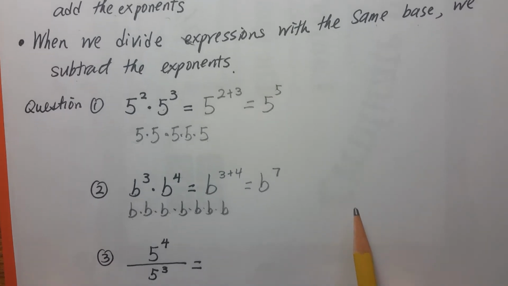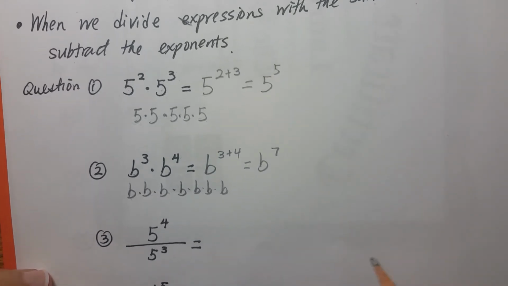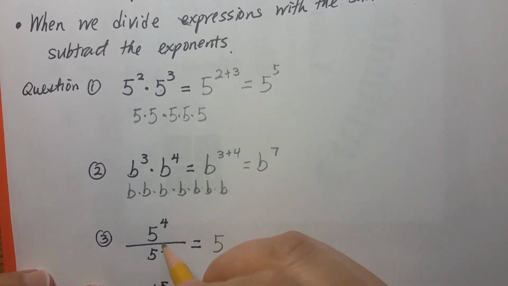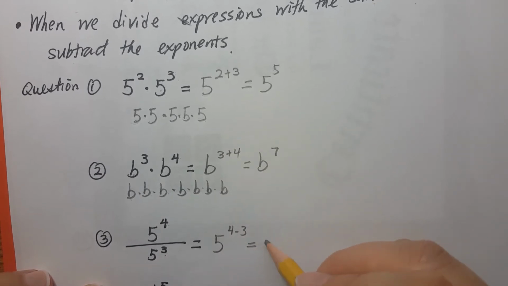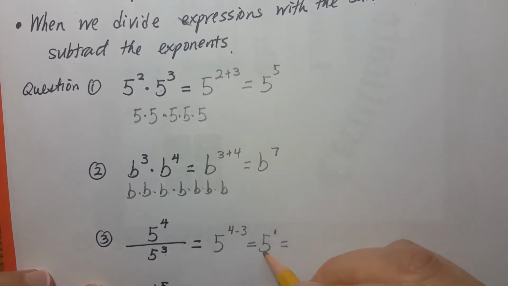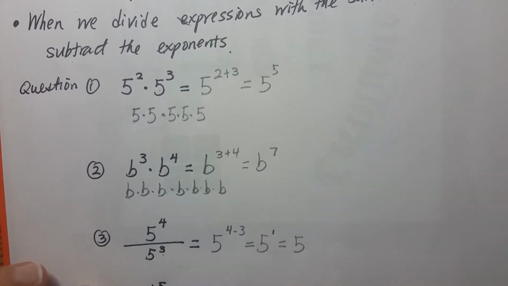Now let's take a look at question number 3. We have division. 5 to the fourth power over 5 to the third power. So we subtract the exponents. 5 stays the same. 4 minus 3 is 1, so 5 to the first power. 5 to the first power is 5.